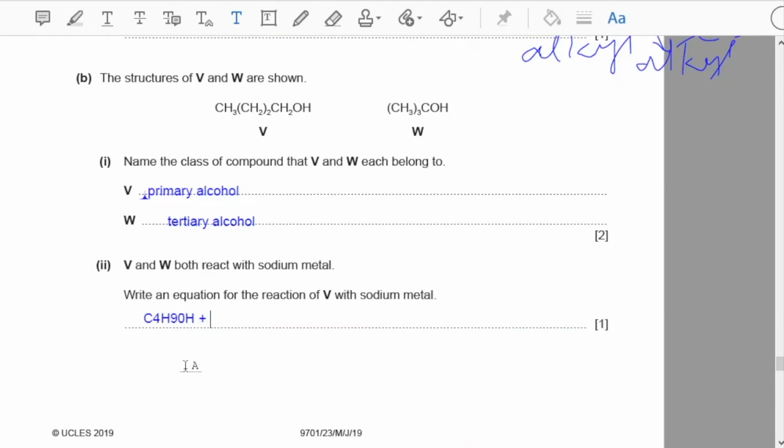C4H9OH reacting with sodium gives us C4H9ONa plus H2. Now we need to balance this, so this will be half H2.